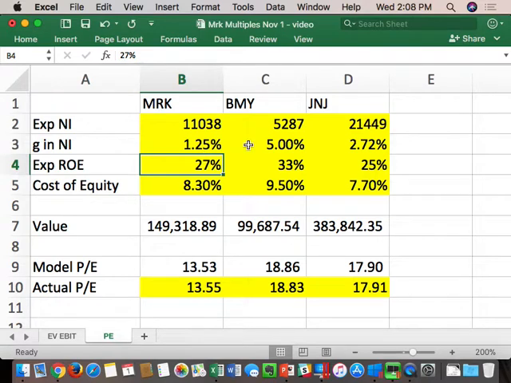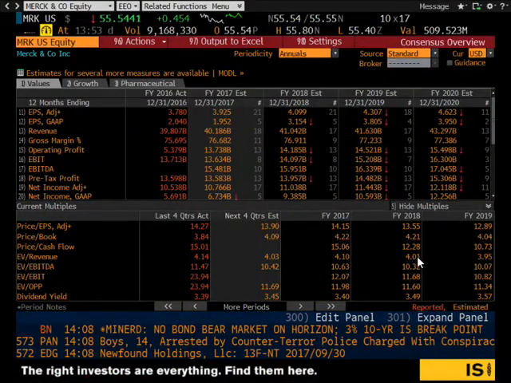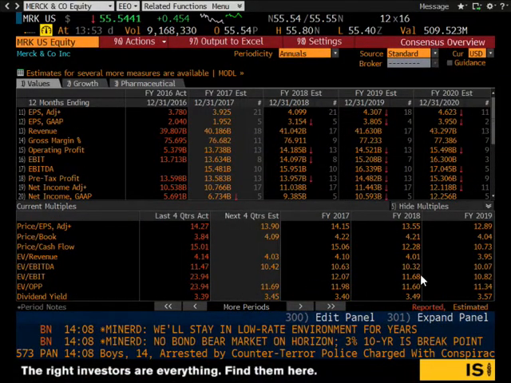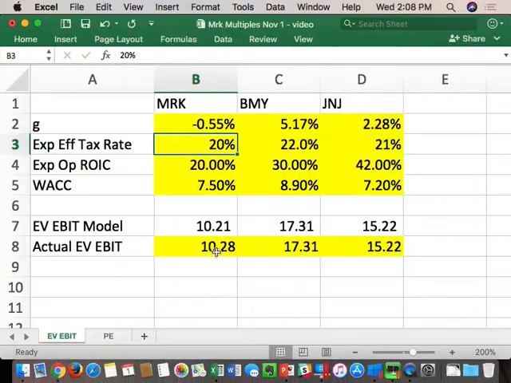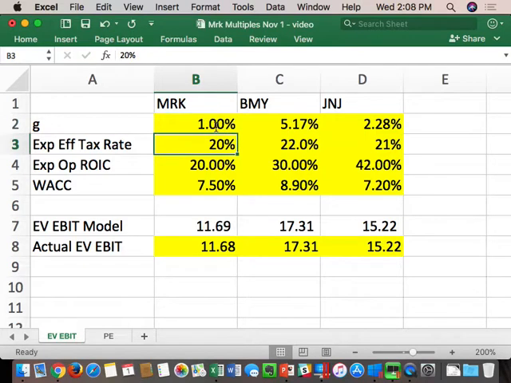And for EV to EBIT, 2018 is going to be 11.68. We already updated the WACC. I don't think the ROIC, long-term, and tax rate are going to change, so this is probably going to go to 1% positive on our Gs.